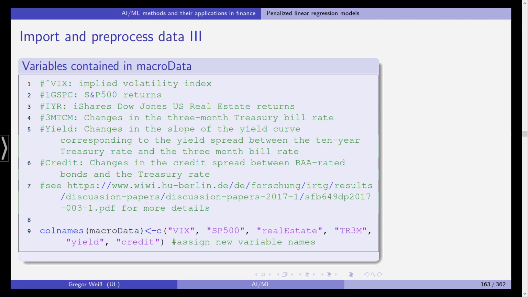So the column names of the object macro data are overwritten with VIX, SP500, real estate, TR3M, yield, and credit. And by the way, these are the macroeconomic variables that we'll be using.